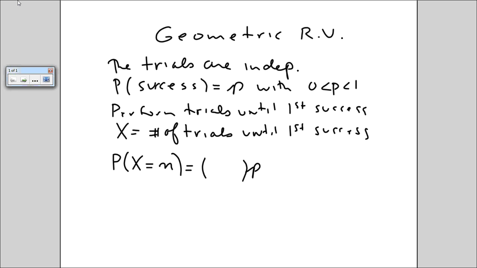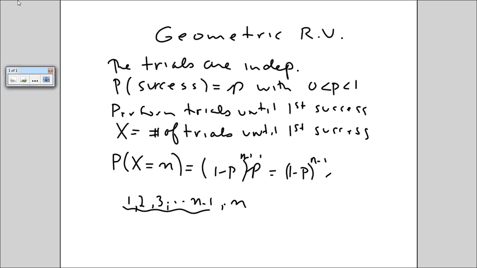The rest are going to be failures, 1 minus p. There's going to be one success and how many failures? Well, you have 1, 2, 3, up to n minus 1, and then n. These first n minus 1 will be failures. So you're going to have n minus 1 failures. So it's (1 minus p, which is also known as q) to the n minus 1 times p.